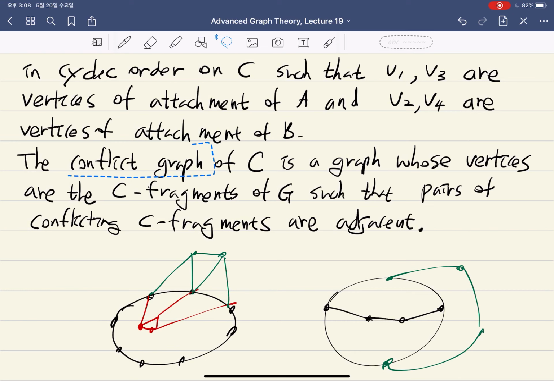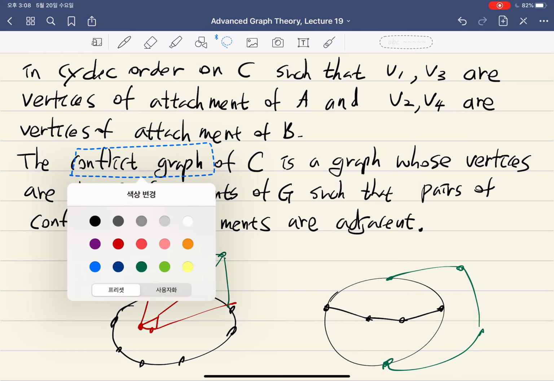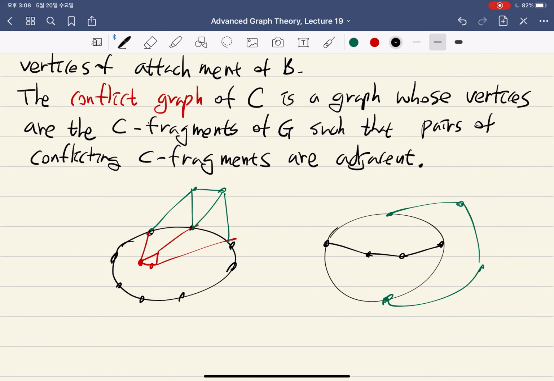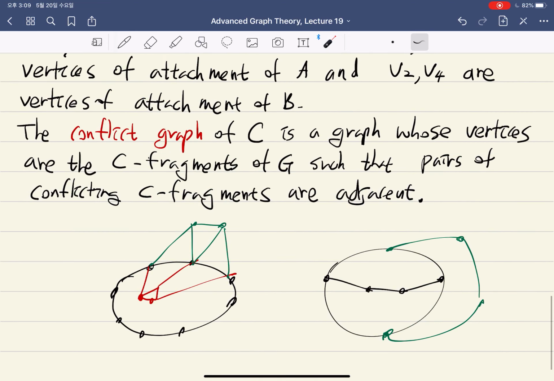Let's define an auxiliary graph, which is called the conflict graph of this C. It is a graph whose vertices are the C fragments of G. So this is one fragment and this is another fragment. Let's say this is vertex 1 and this is vertex 2, you just give names. Then we add edges between two C fragments if they are conflicting, so conflicting fragments are adjacent.